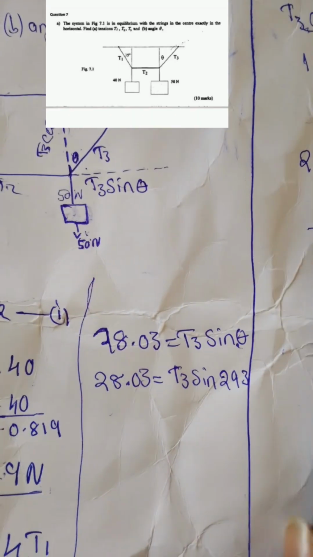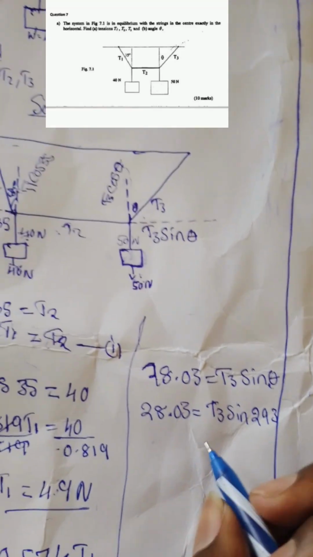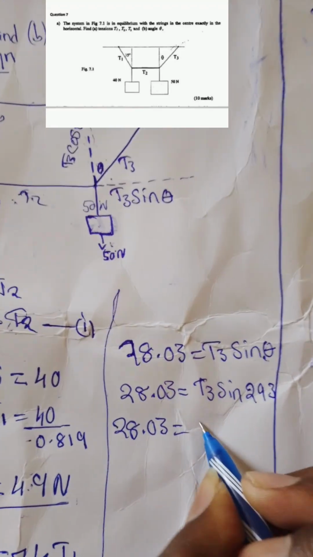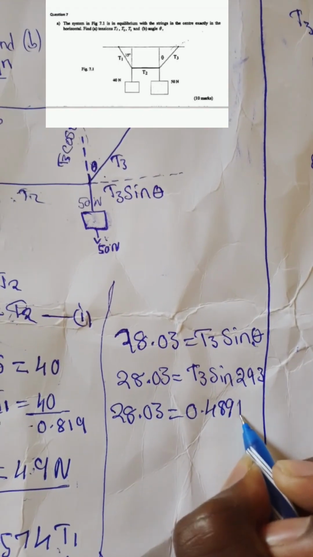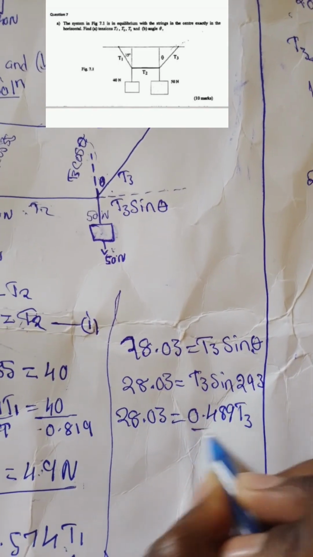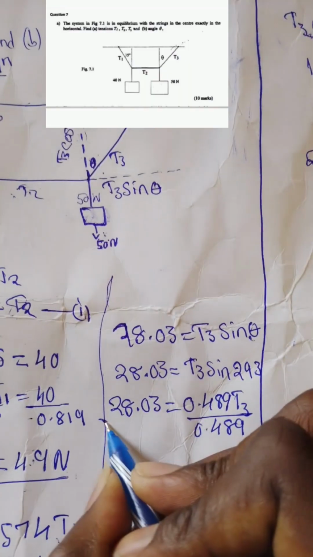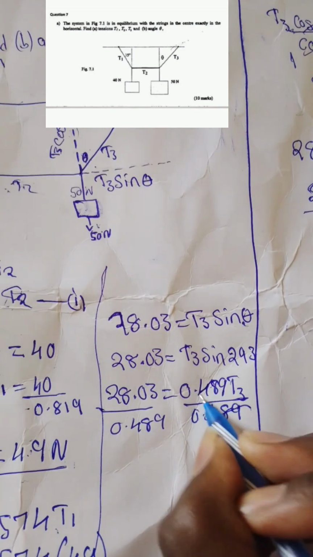What's sine 29.3? Sine 29.3 is giving us 0.489 T3. So divide by 0.489, this and this will cancel.